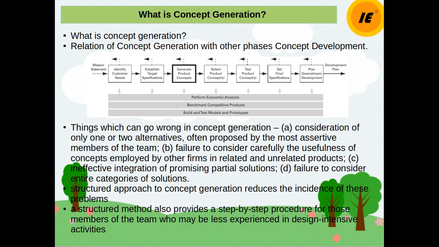First is consideration of only one or two alternatives, often proposed by the most assertive member of the team. Second is failure to consider carefully the usefulness of concepts employed by other firms in related and unrelated products. Third is ineffective integration of promising partial solutions. Fourth is failure to consider entire categories of solutions.